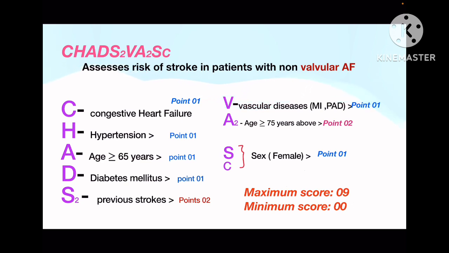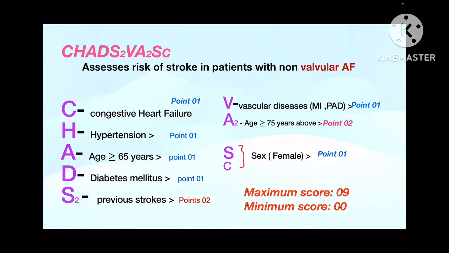How are you going to determine that? You have to use this CHADS scoring system, get the particular score for that patient, and decide on the anticoagulant and antiplatelet drugs. In this CHADS score, each letter represents a different component.